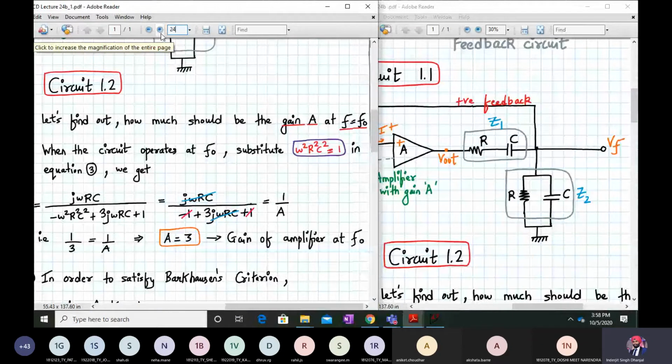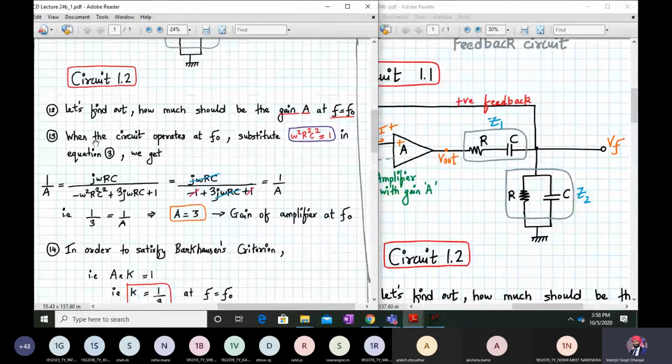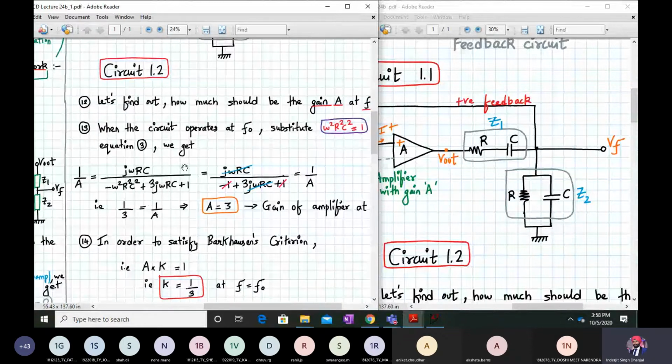So now next, let's find out how much should be the gain A at f equal to f naught, okay, at frequency equal to the frequency of oscillations. So we know that when the circuit operates at f0, we need to substitute omega square r square c square in expression number 3. So this is my expression number 3 actually, 1 upon a equal to this.